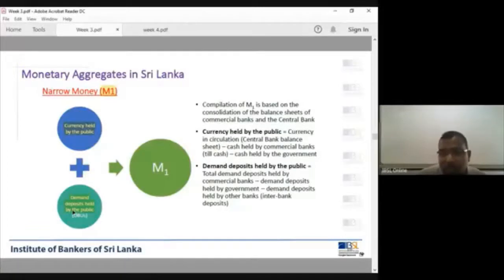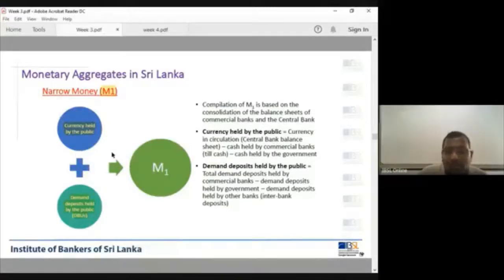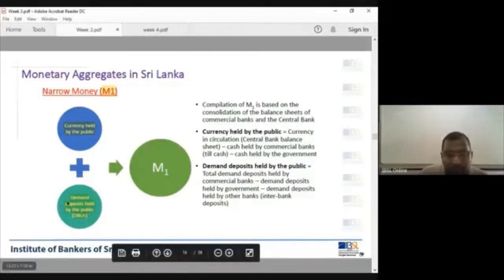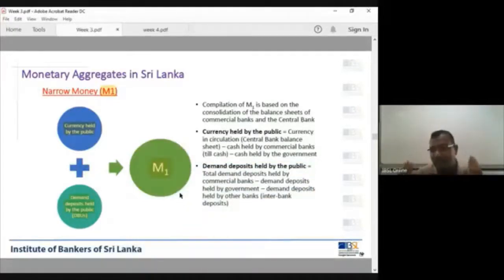You may have some experience with banking in Sri Lanka. In commercial banks, there are two arms, basically the DBU, domestic banking unit, and the OBU, offshore banking unit, or FCBU, foreign currency banking unit. Here, this M1 comes from the domestic banking unit of commercial banks. So if you simply take the sum of currency held by the public and demand deposits held by the public in commercial banks, that equals M1.